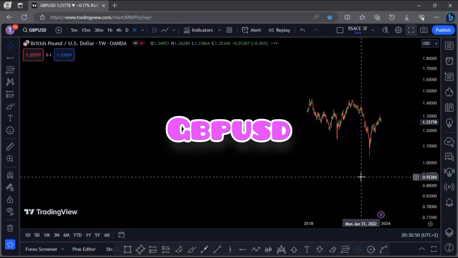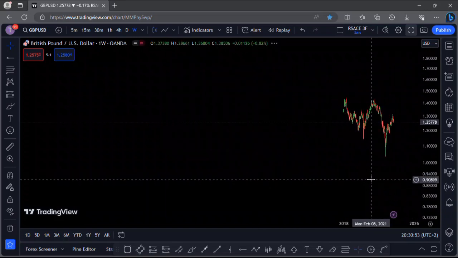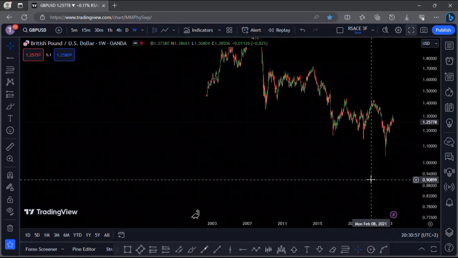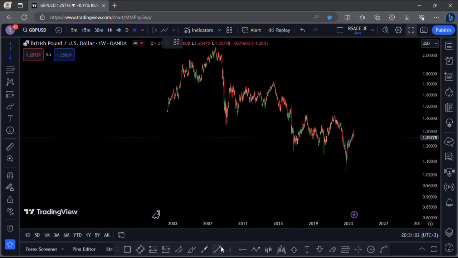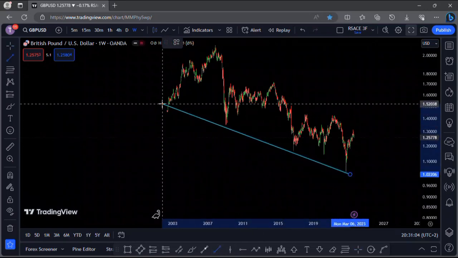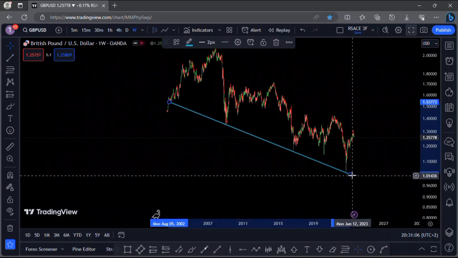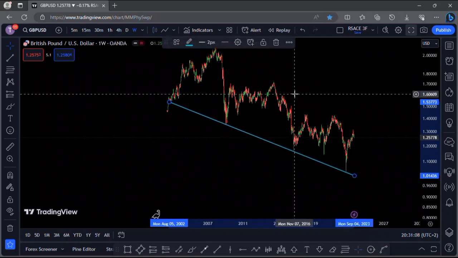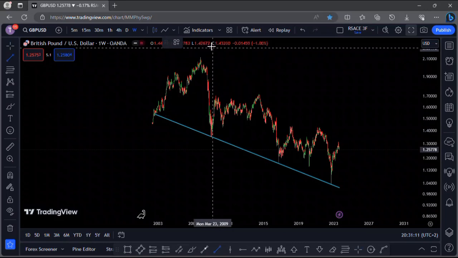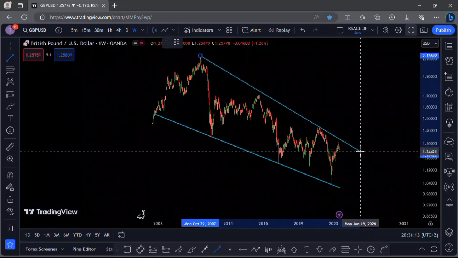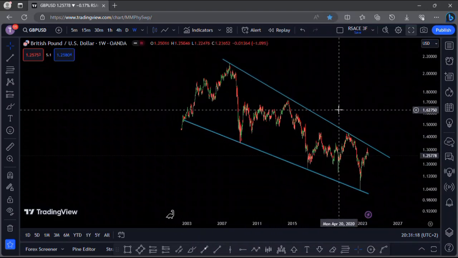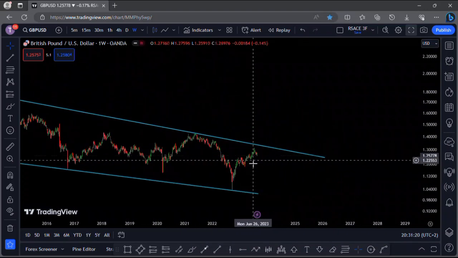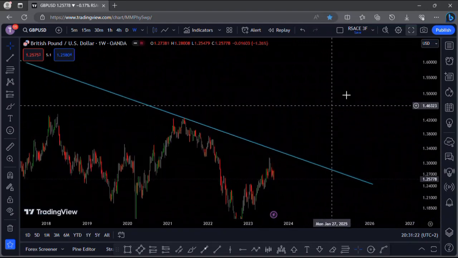We know GBPUSD correlates with Euro USD. So after analyzing GBPUSD, try to look at Euro USD, see if they correlate or not. Okay, here is our structure. I love how easy it is to spot the structure, but when you go down there, things start to get interesting. The only thing you should learn is how to read the market.